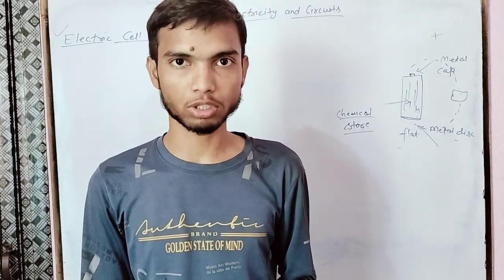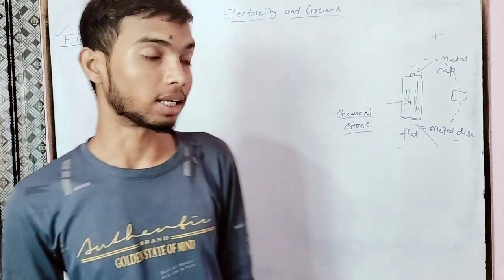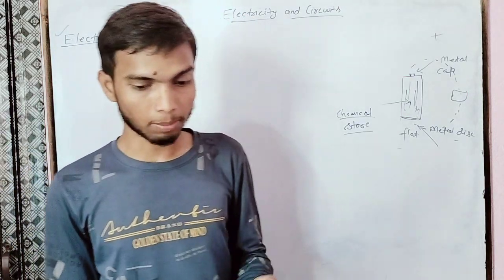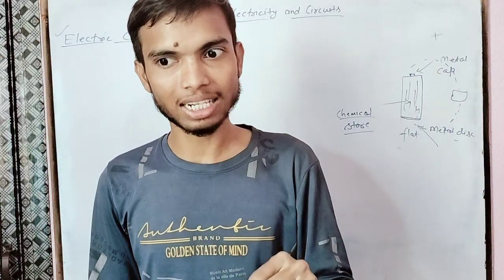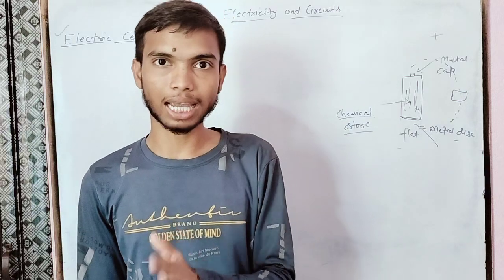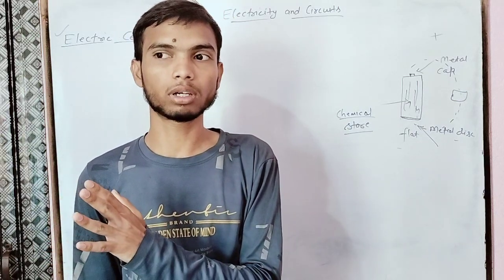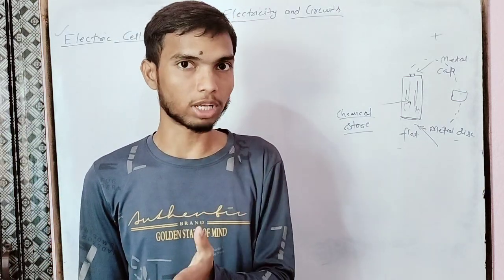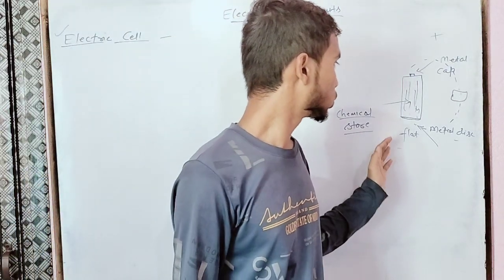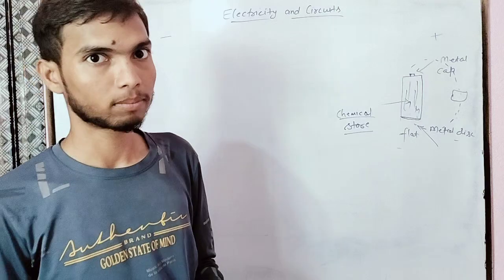If there is an option to charge, then you are clear that the chemical storage inside an electric cell can end after a few days or a few months. It depends on the electric cell, okay. So chemical storage can end.